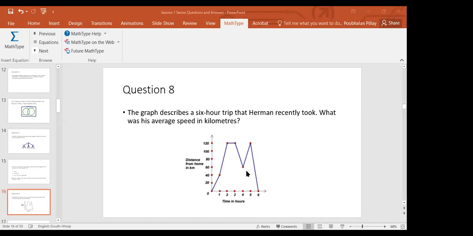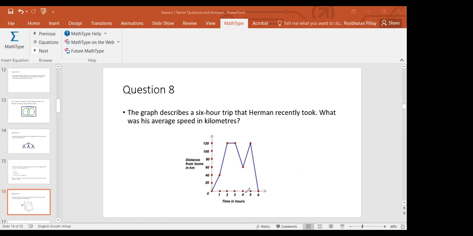There's a graph drawn here, and this graph describes a 6-hour trip that Herman recently took. What was his average speed in kilometers? Now that's quite a mouthful. And if you have not seen anything like this, you will say, how the heck are we going to answer this question from a graph? So let's unpack what you mean by this graph.